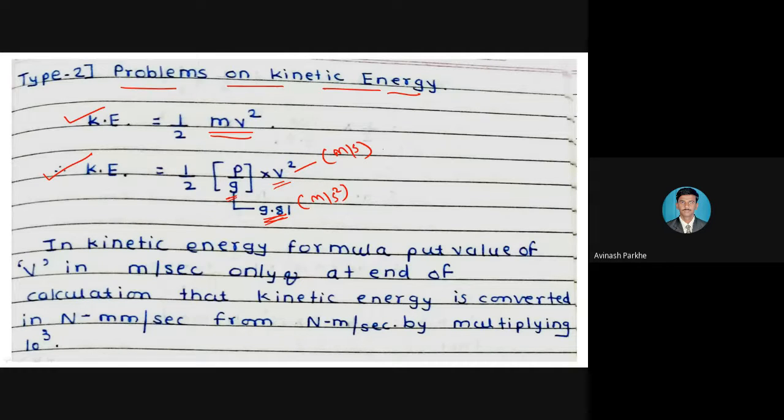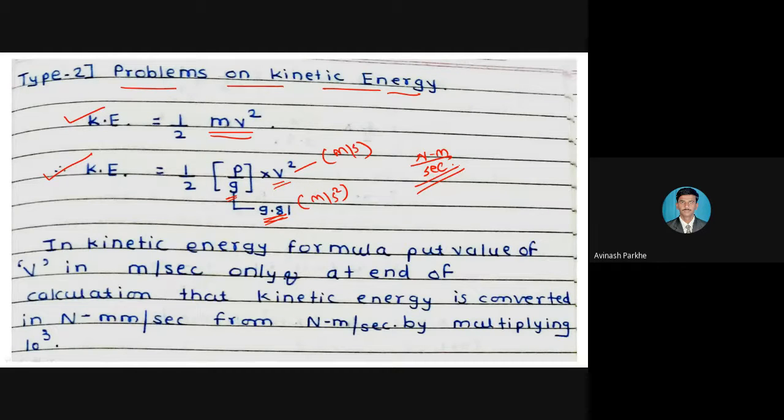After this calculation, initially you will get the kinetic energy in the form of Newton meter per second. If I take the value of v in meter per second and the value of g in meter per second square, I will get the kinetic energy in Newton meter per second.